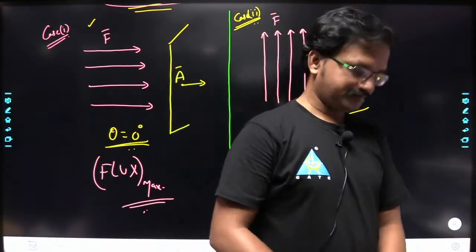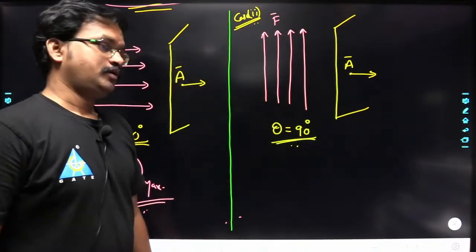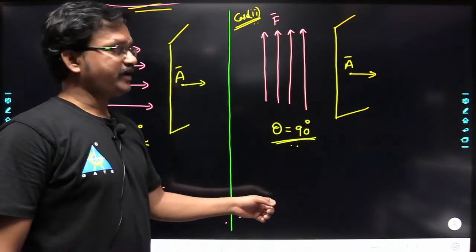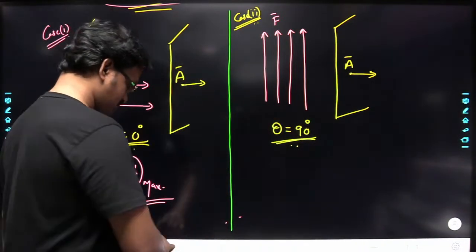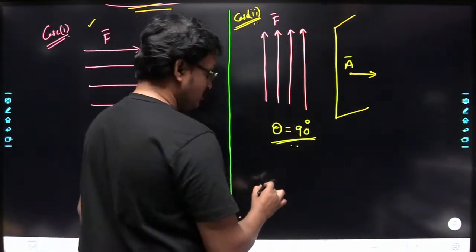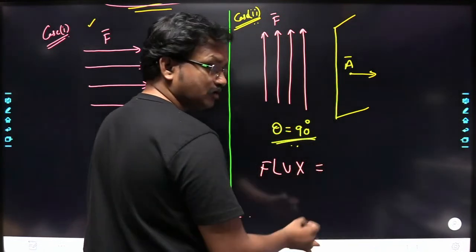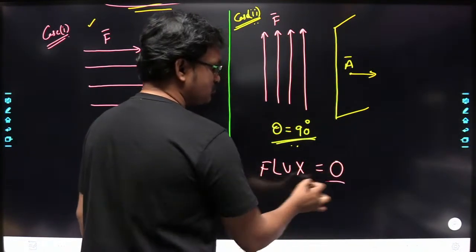When theta is equal to 90 degrees, what is the flux through the surface? Now in this case, the flux through the surface is equal to what? Is it equal to 0 or not?